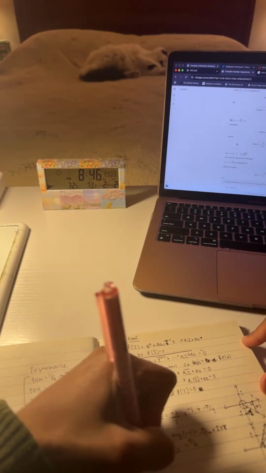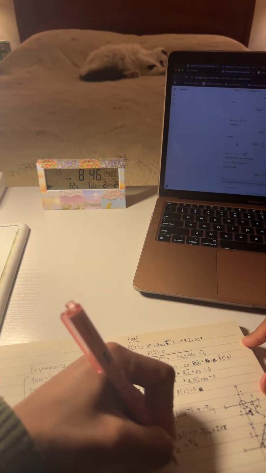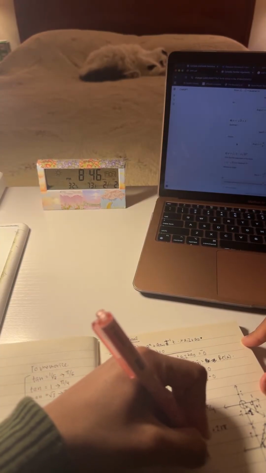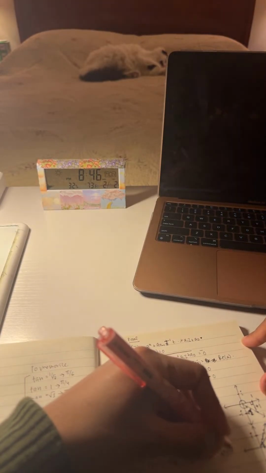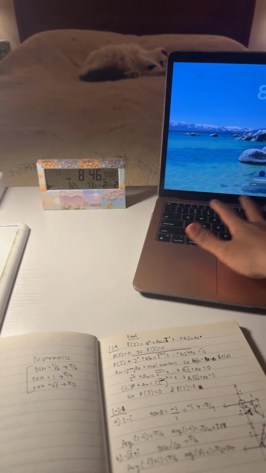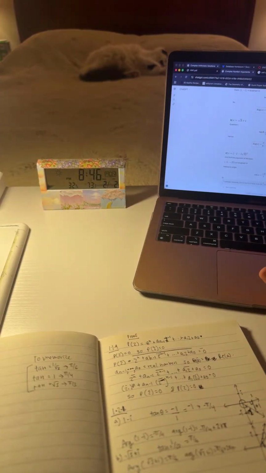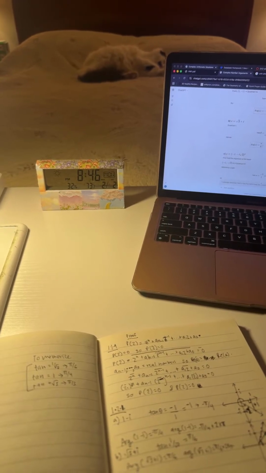So the argument of root 3 plus i equals pi over 6. And then the lowercase argument of root 3 plus i is equal to pi over 6 plus 2k pi. Let me check if that's right. Yep, we got it.